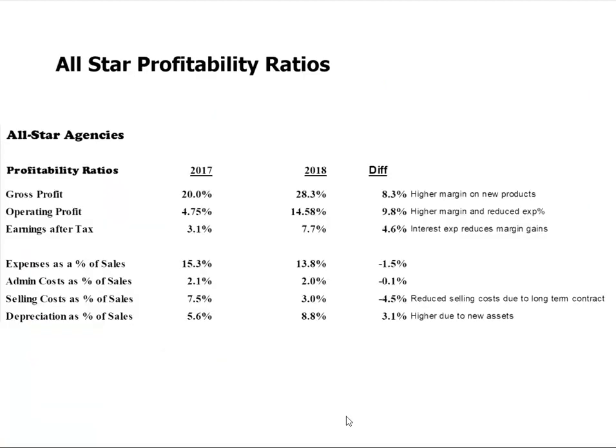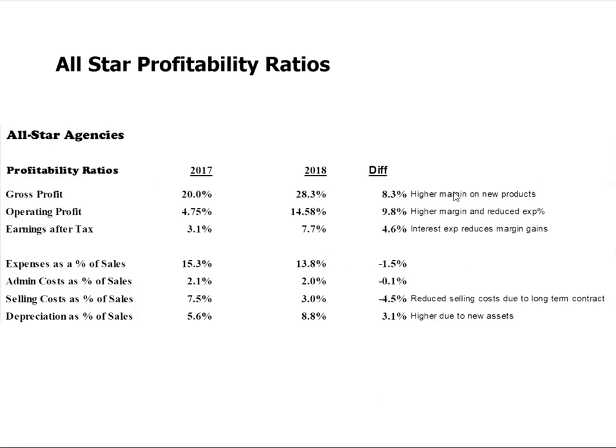I hope these numbers look familiar. So let's start off with the gross profit from the 2017 year, which was 20%, and that is the same as what was given to us in the case study. In 2018, this gross profit has increased by 8.3% to 28.3%, and the reason for this higher profit margin is what this is telling us.